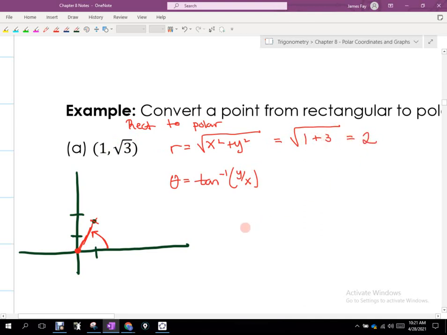So r has to be 2, right? And then tangent inverse of radical 3 over 1. Anybody remember what tangent inverse of radical 3 is? It is 60 degrees, or pi over 3 radians.